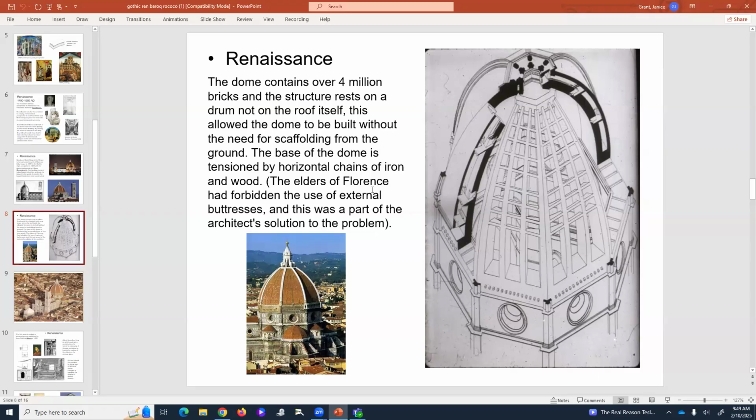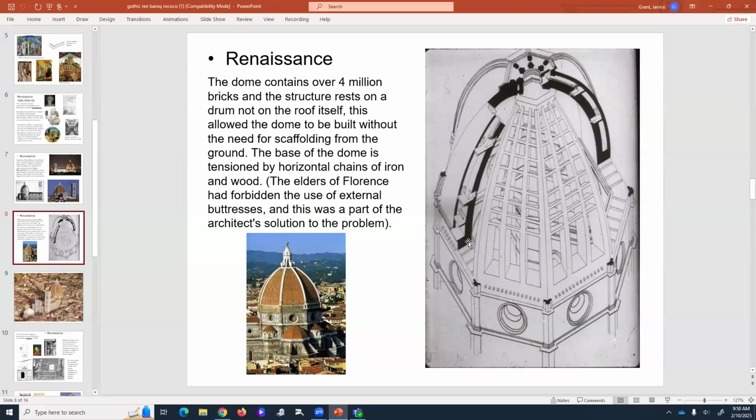The elders of Florence had forbidden the use of external buttresses, and this was a part of the architect's solution to the problem. But you see how it's kind of like a double dome? It's got two layers within it. Ryan had a really great kind of modern version of that, which I thought was pretty impressive.